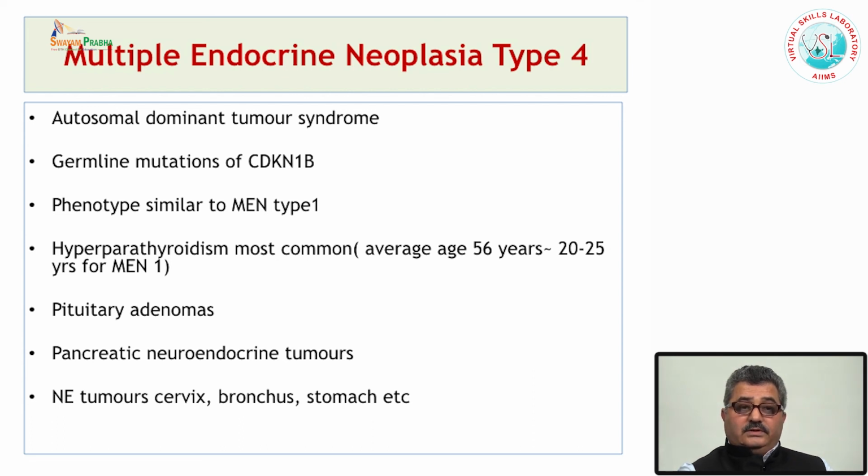Otherwise, the organs involved are the pituitary adenoma, pancreatic endocrine tumor, and neuroendocrine tumors of the cervix, bronchus, stomach. All features are similar to MEN type 1. It is just the age of presentation and the gene involved that are different.